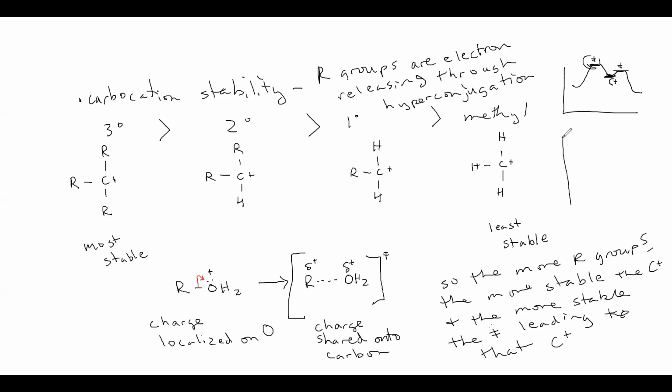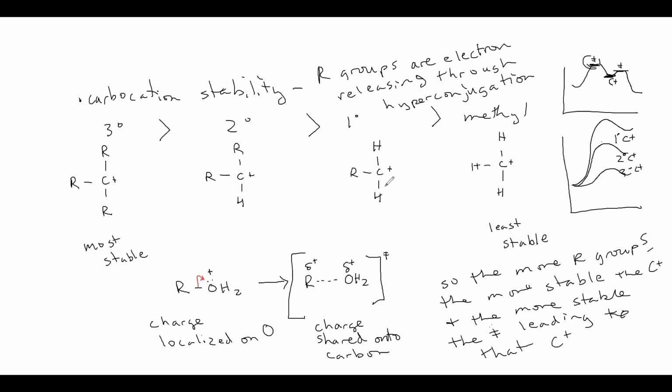Essentially all that means is if you are forming a primary carbocation, that's going to be a higher energy species than a secondary carbocation, which is a higher energy species than a tertiary carbocation. And so those R groups are stabilizing the carbocation, but they're also stabilizing the transition states here, and so it makes them easier to form.